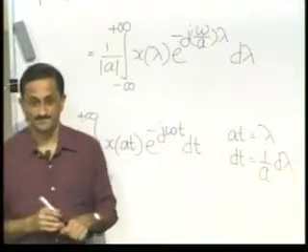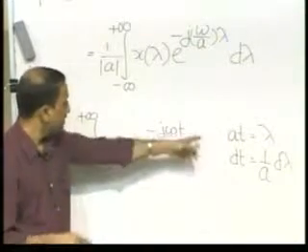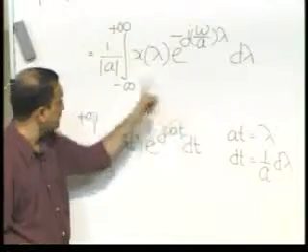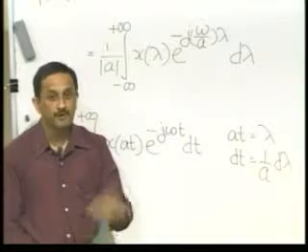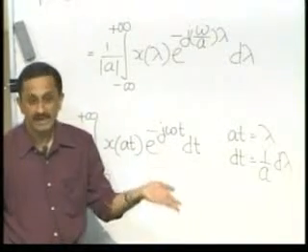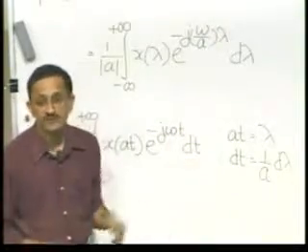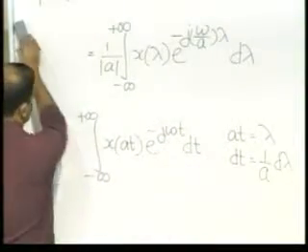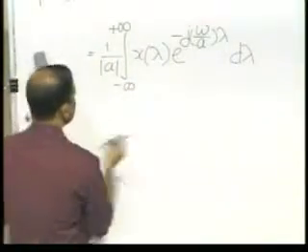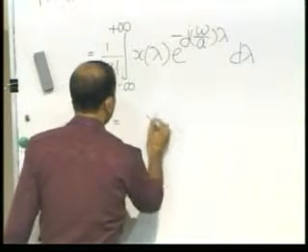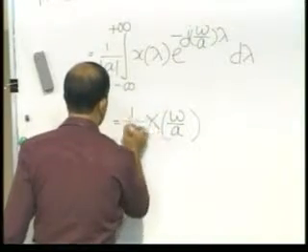We can see d lambda by a can be rewritten as d lambda by mod a, and the limits can be kept the same. If a is positive, then of course 1 by mod a is 1 by a. If a is negative, it would be minus 1 by a, and that would take care of the limits also. And therefore, this is nothing but the Fourier transform of x evaluated at omega by a and divided by mod a.